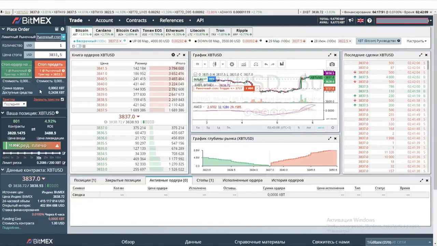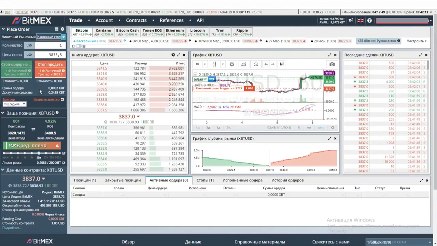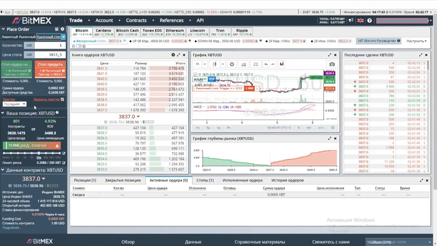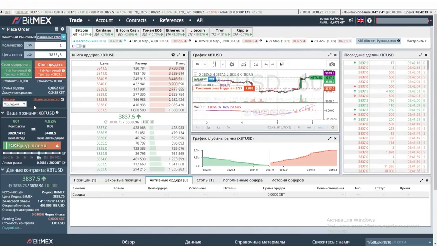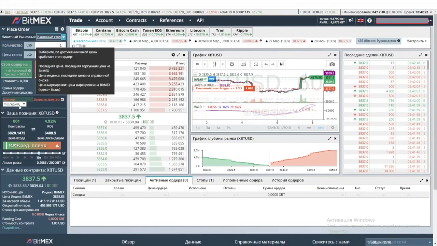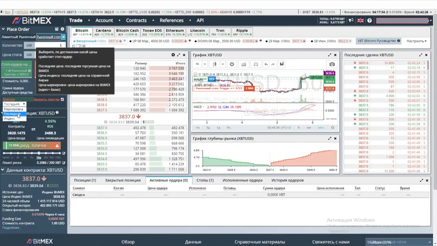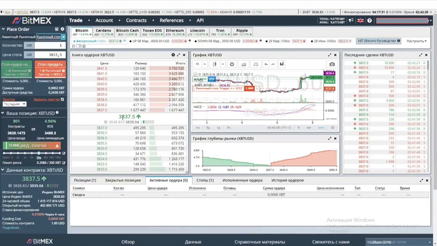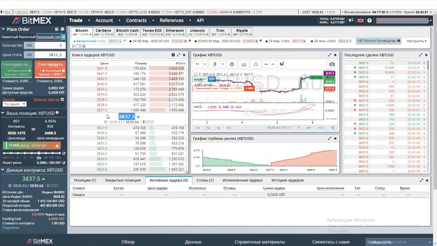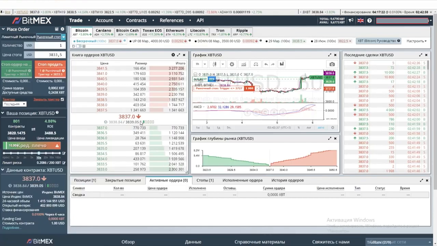And so we proceed further in the market order. We have no check marks and everything else, so we immediately move to the market stop. There are two points that interest us. The first one is the trigger: the last price, the mark price and the index. What is a trigger? When we viewed the stop order in the past video, I said what a trigger is: a certain mark of the asset value.